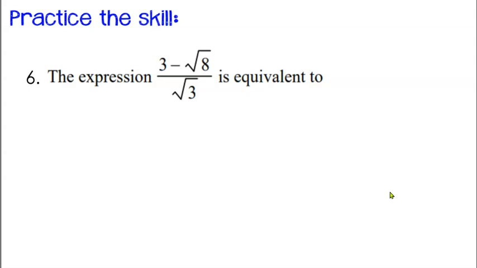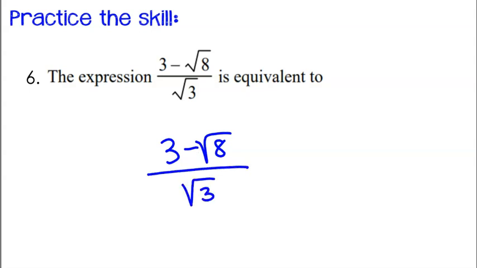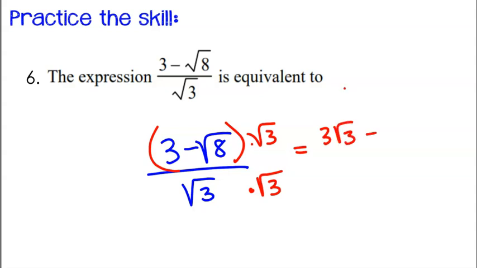Let's try this one last time. The numerator here is 3 minus the square root of 8, which is allowed, but the denominator is the square root of 3, which is not allowed. We will rationalize the denominator by multiplying both the denominator and the entire numerator by the square root of 3. This will give me 3 square roots of 3 minus the square root of 24, all over the square root of 9.